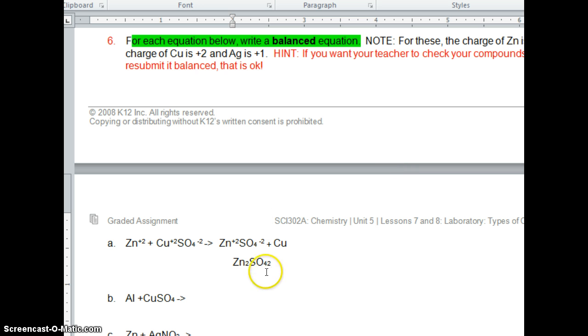So what do I have to put around my SO4? I would have to put parentheses. All right, so we can either do it like this, or because they are both 2's, we can reduce, and we can just write it as ZnSO4 copper.